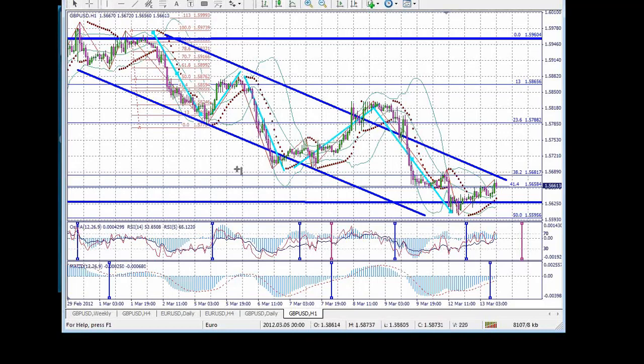So in this case, I have that signal for sell that was confirmed here, and also the signal from MACD.